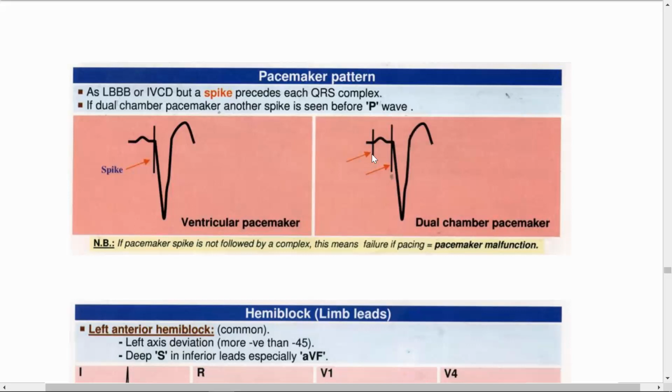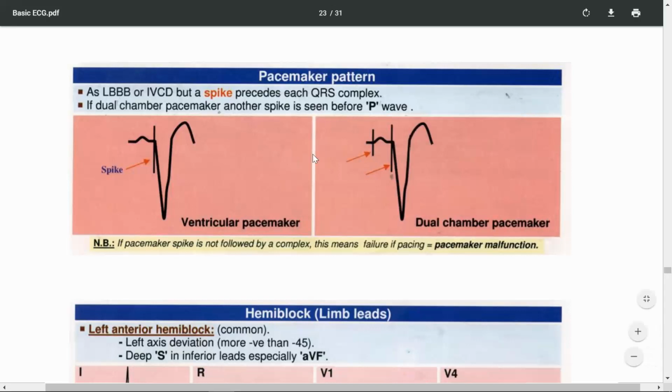Okay, and there will be a spike before the A wave only, not before the QRS. Clear? Not like this or this, only before the A wave.